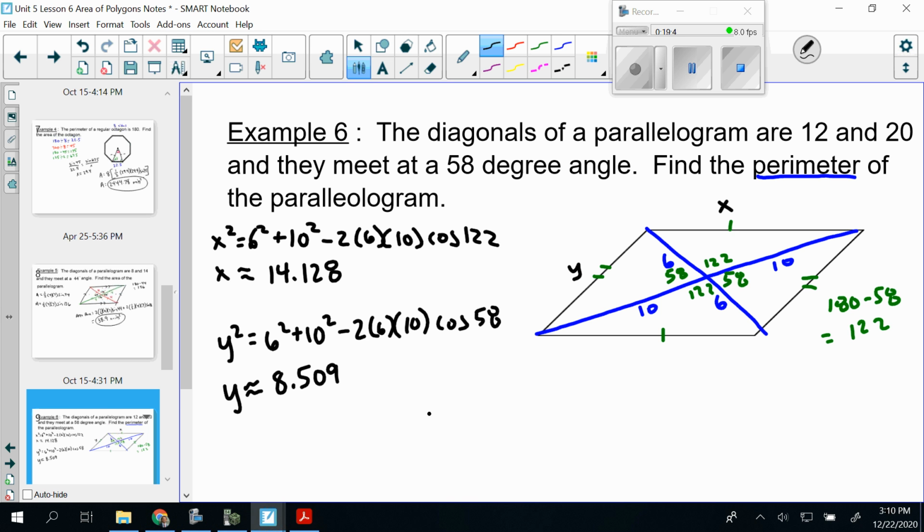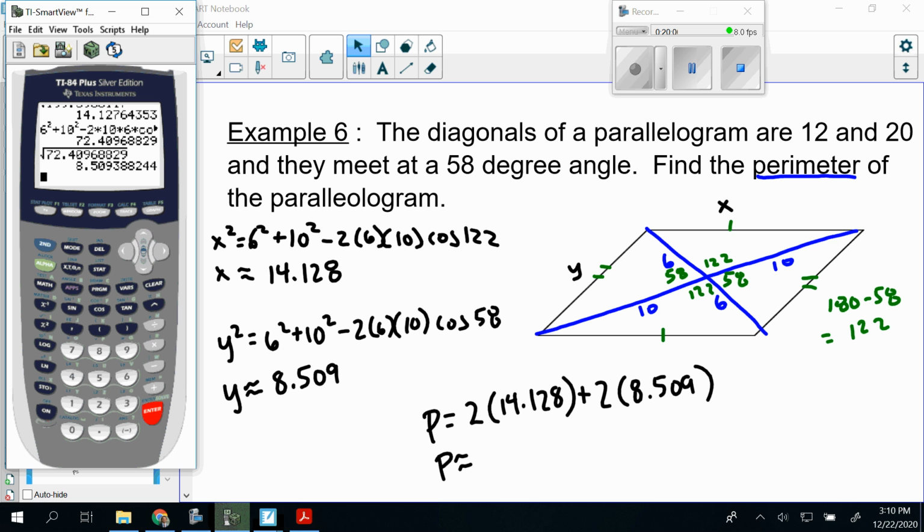Okay, so now our total perimeter of this is going to be, we've got 2 of the x's and 2 of the y's, so double both of them. And we can get our answer here. So our total perimeter is going to be approximately 2 times this answer plus 2 times our other answer up here.